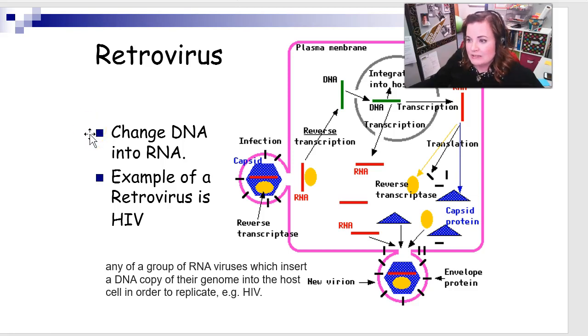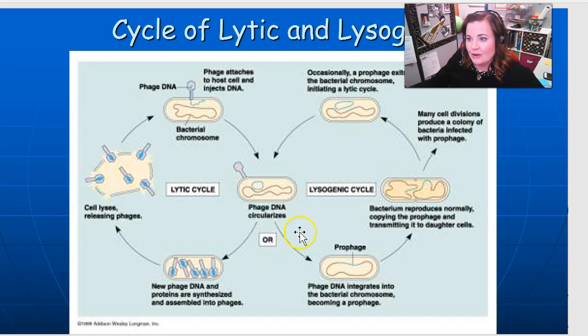So retroviruses contain an enzyme called reverse transcriptase. The reverse transcriptase takes that RNA, changes it to DNA, and then it infects the cell. And then when it infects the cell, that DNA can either go through the lytic or the lysogenic cycle, depending on how that particular retrovirus reproduces.